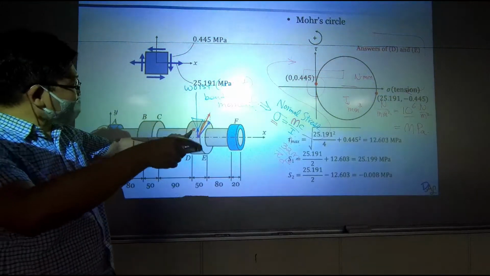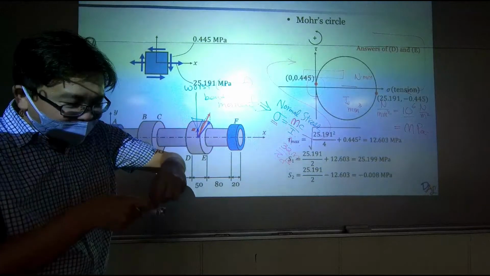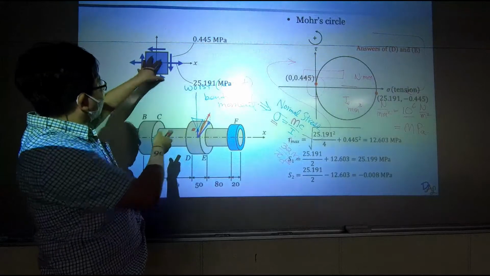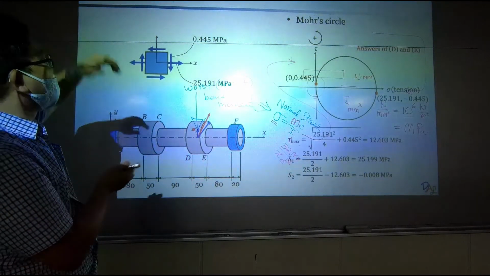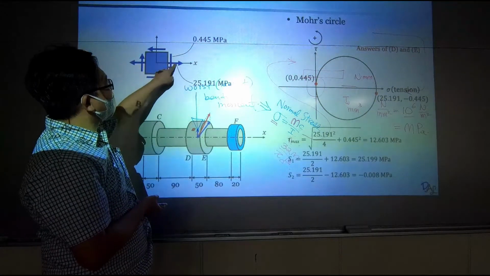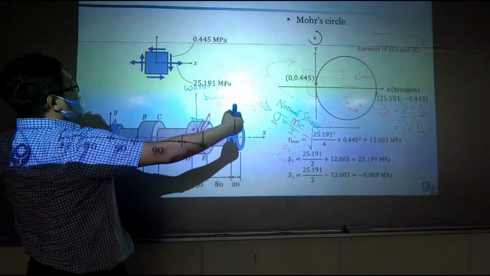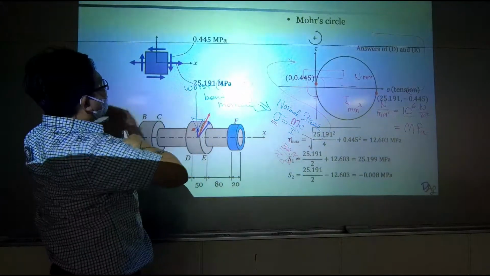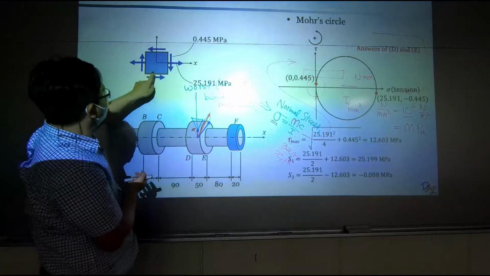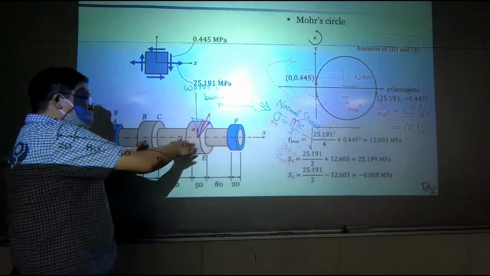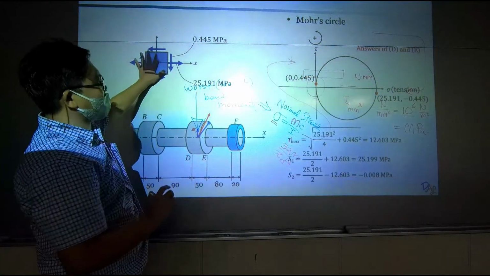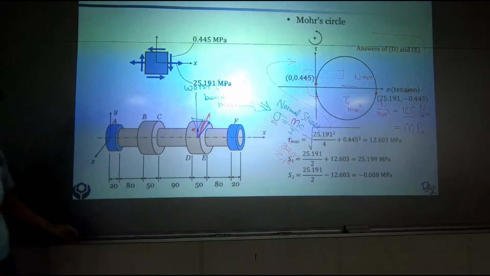Right at that point, we can observe a tiny element. You will realize that this tiny element is under normal stress going left and right, and a shearing stress due to twisting. And there's no normal stress along this direction because we only have pure bending and twisting. This is why we end up with this load diagram.